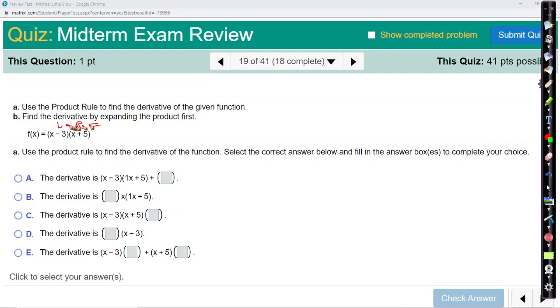When we use the product rule, we take the derivative of the left times the right unchanged plus the left unchanged times the derivative of the right. So the derivative of the left, the derivative of x minus 3, is just 1.